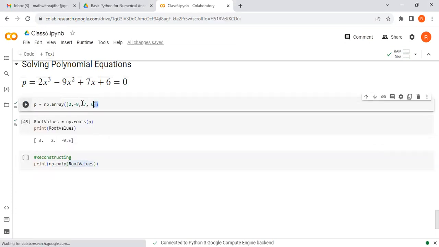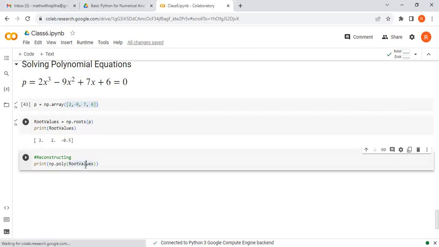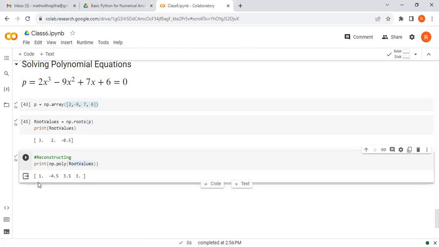We want to create this polynomial using the root values 3, 2, -0.5. So we should get 2, -9, 7, 6. But instead we are getting 1, -4.5, 3.5, 3.